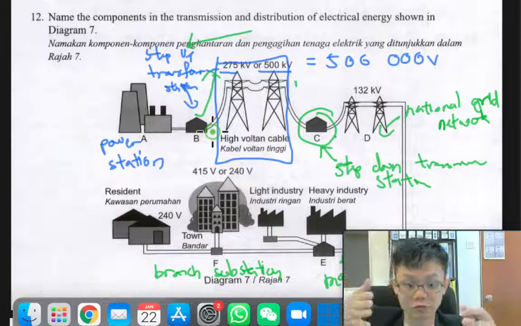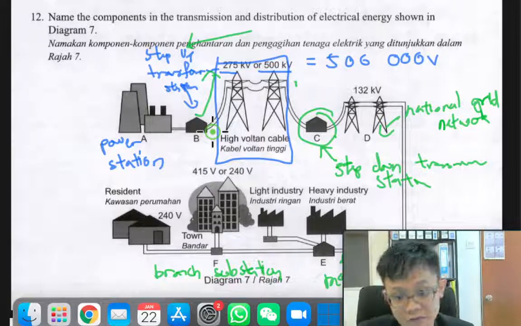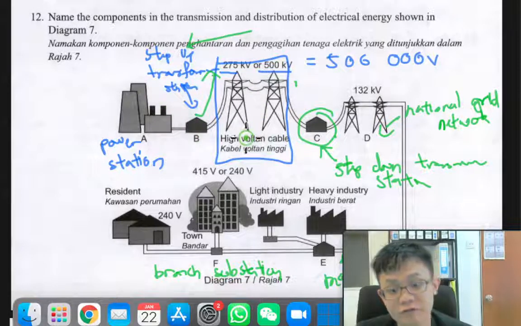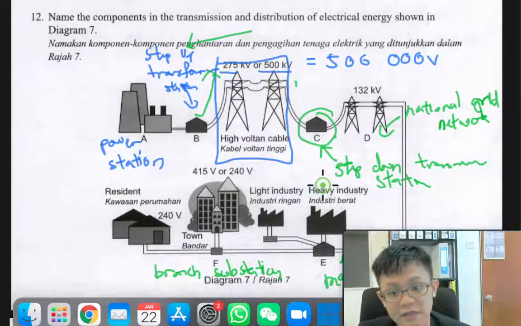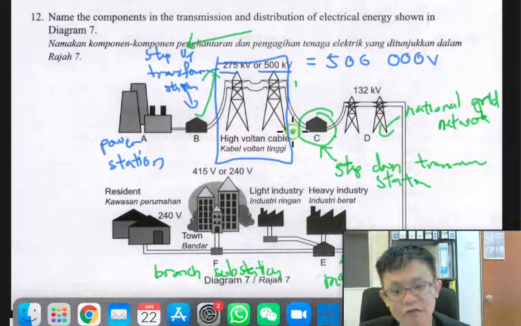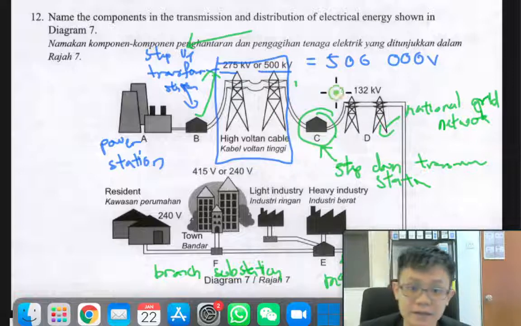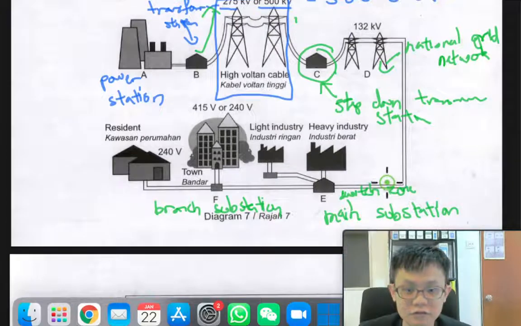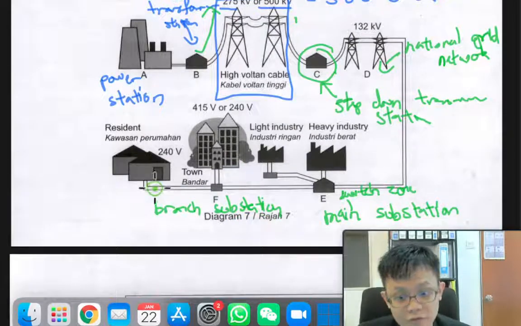But if I put the cable like 1 kilometer to charge your phone, it just doesn't work. But we know that this one is already more than 1 kilometer. So they need to step up the voltage in order to reduce the energy loss. Then when it is near your house, it steps down again, so that you can use it. We don't want high voltage, otherwise how would you use it? Then after that it goes through the switch station, main substation, then to your house.